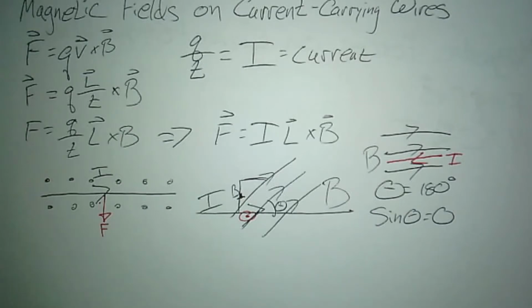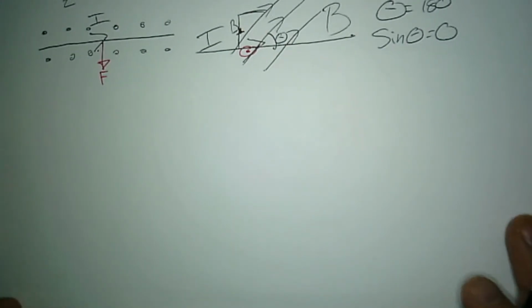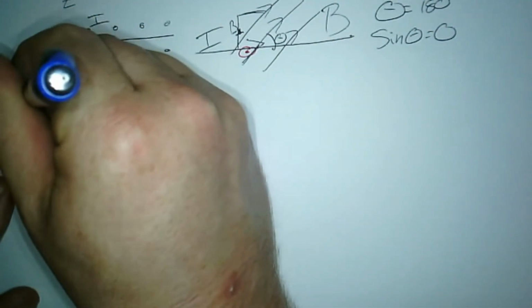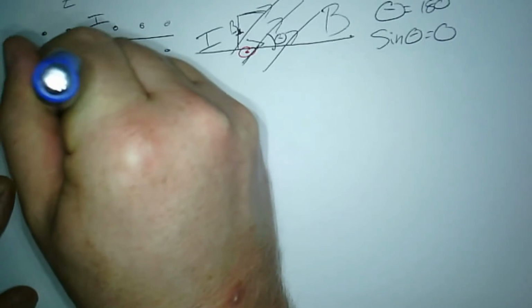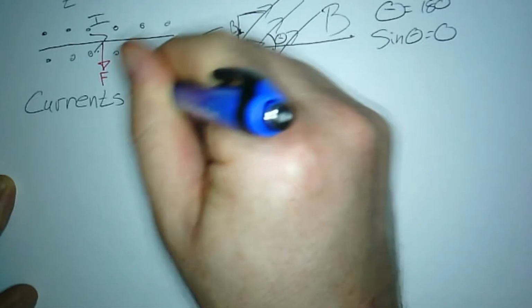But the other thing that we need to know is that wires generate magnetic fields as well. Current carrying wires generate magnetic fields. So currents cause magnetic fields.